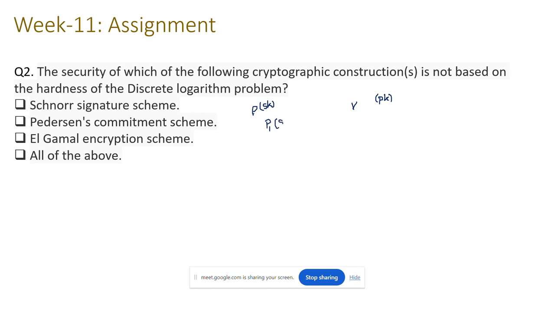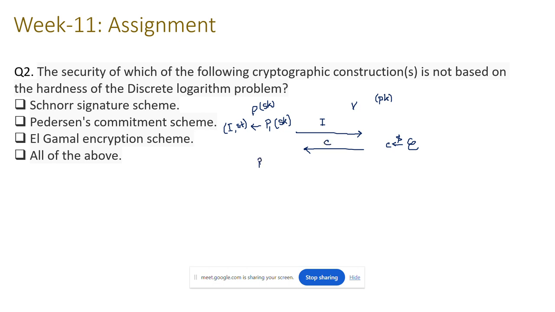It takes the secret key as input and outputs some commitment I along with sometimes some state information, and it communicates to the verifier the commitment I first. Next, the verifier has to pick some challenge uniformly randomly from a challenge space and send that challenge to the prover.